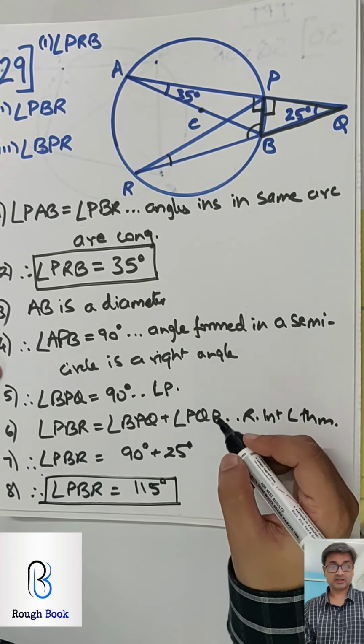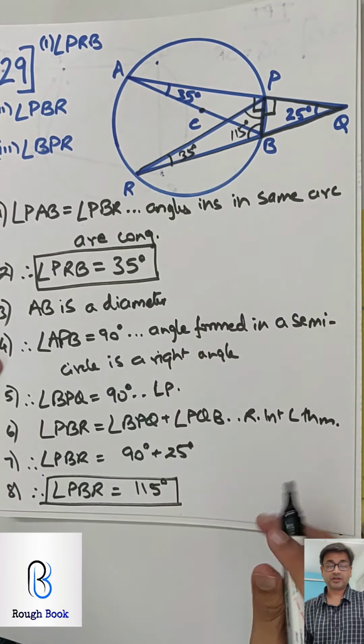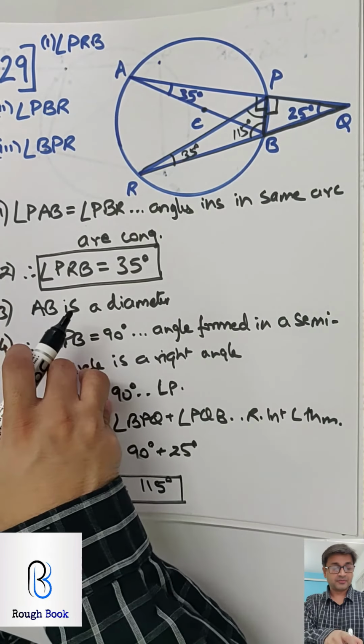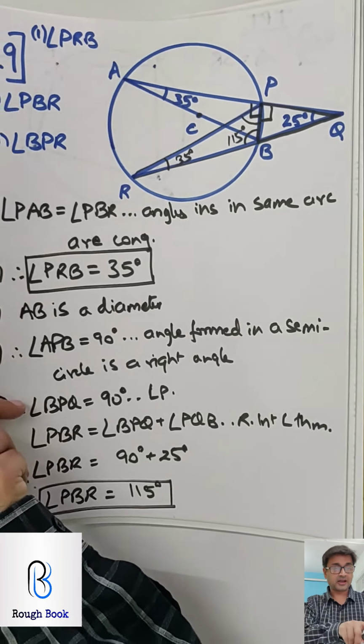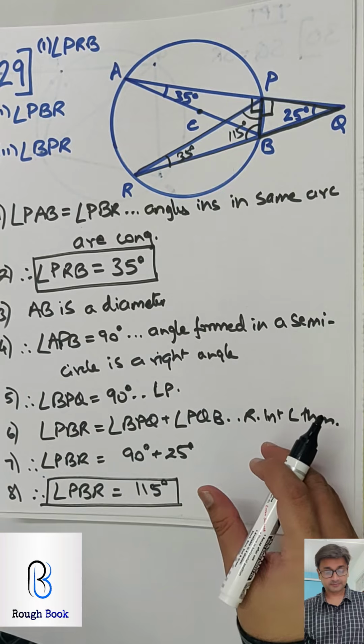Last one, BPR. BPR is this angle. So now you got this 115 and you got this 35. So take this triangle BRP, angle sum property, you will obviously get the next one. So let's take a new supplement and work it out. So step number 9.